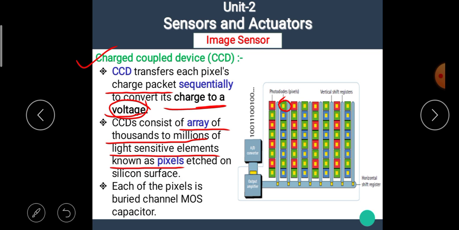surface. In this diagram, we can see that each box represents one pixel, and each pixel is made up of the light sensitive element, that means the photosensitive element, which is placed on the silicon surface. Each pixel is a buried channel MOS capacitor.